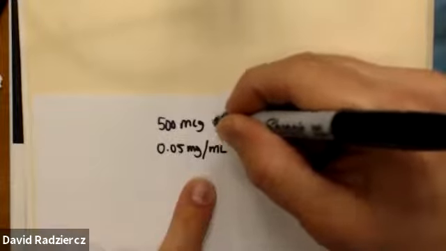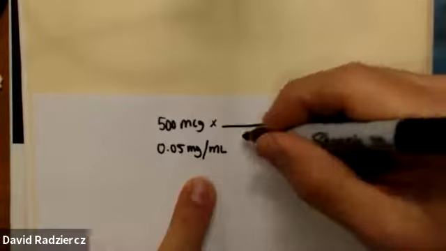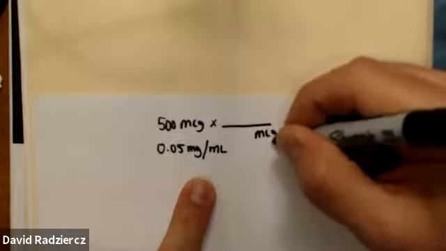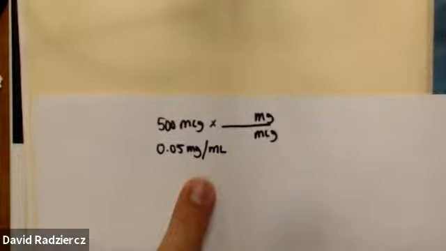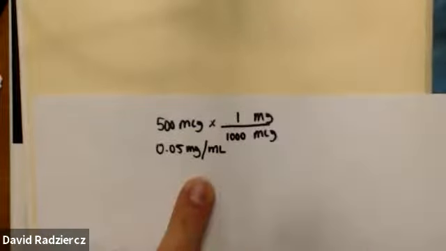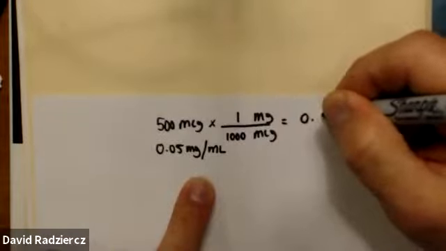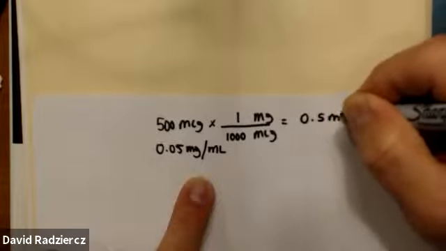And in order to do that, I'm just going to make a factor here. I know that my conversion between micrograms and milligrams is that 1 milligram contains 1,000 micrograms. Okay. And then when I do this, I get 0.5 milligrams.